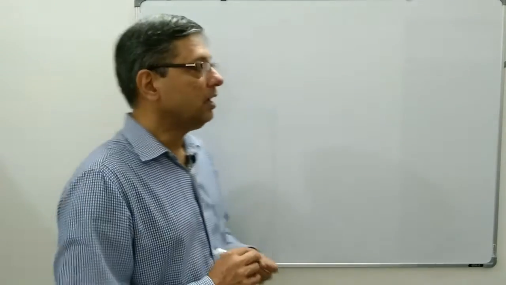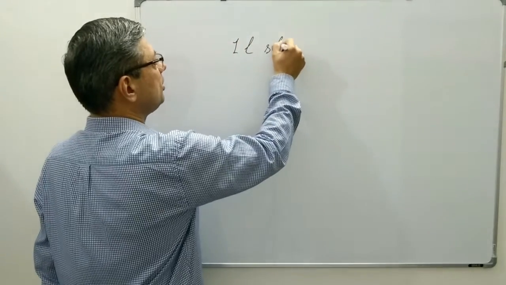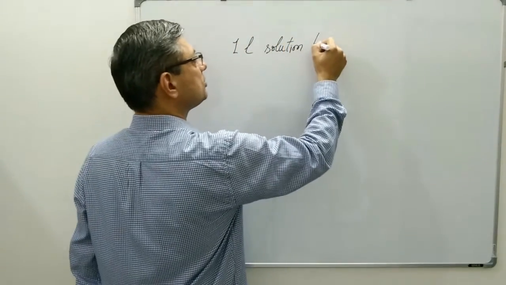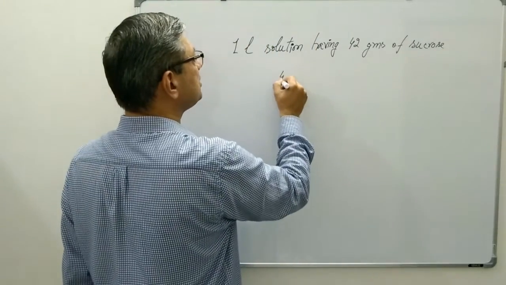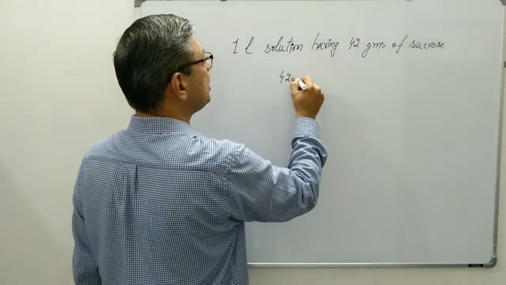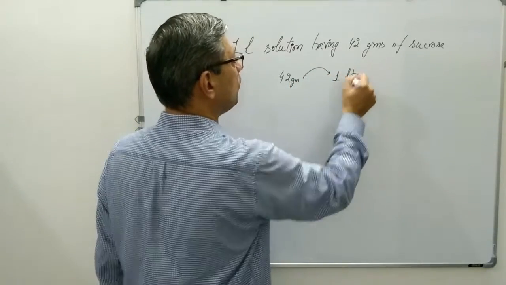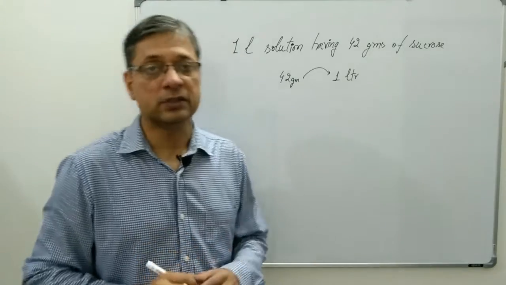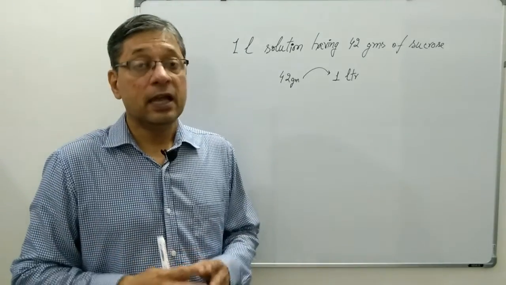For example, I want a 1 liter solution having 42 grams of sucrose. To prepare this solution, I cannot simply add 42 grams of sucrose to 1 liter of water, because if I add sucrose, the volume will increase.